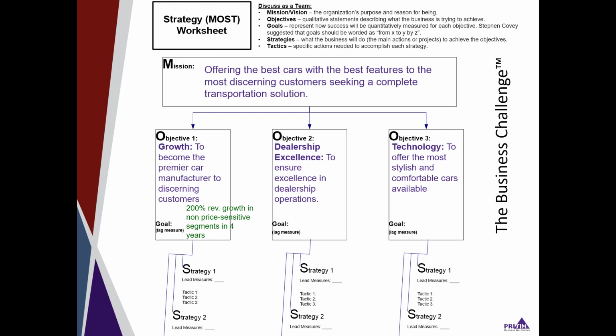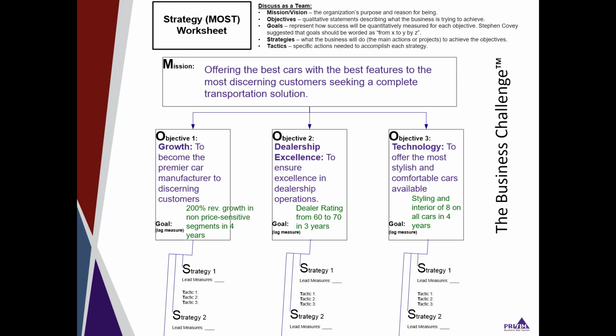That's a very specific goal that again is a way of us keeping track of what we're doing to achieve that mission. Around dealerships, we might say, hey, we want our rating to go up by 10 points in 3 years. If we think about technology, on a scale of 1 to 10, maybe we want a styling and interior score of 8 in technology out of 10 on all cars within 4 years.